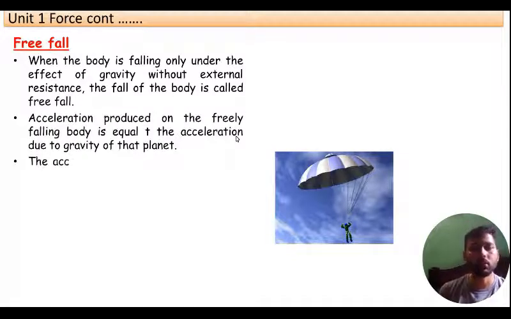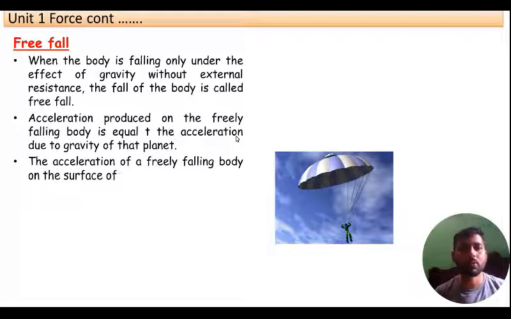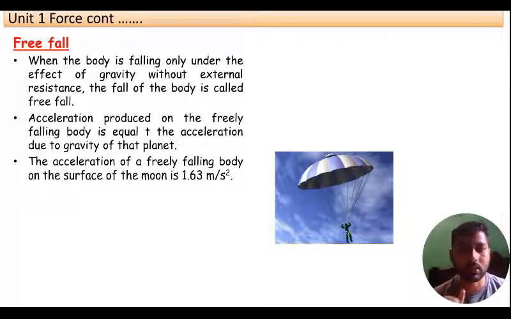Acceleration produced on the freely falling body is equal to the acceleration due to gravity of the planet at that condition. During free fall, acceleration produced on the freely falling body is equal to the acceleration due to gravity of that planet. For example, in case of the moon, acceleration due to gravity of the moon is 1.63 meter per second square.